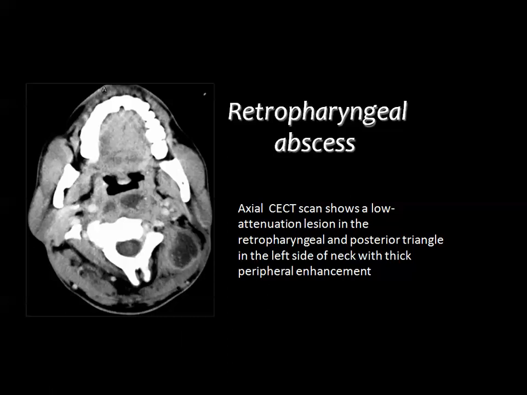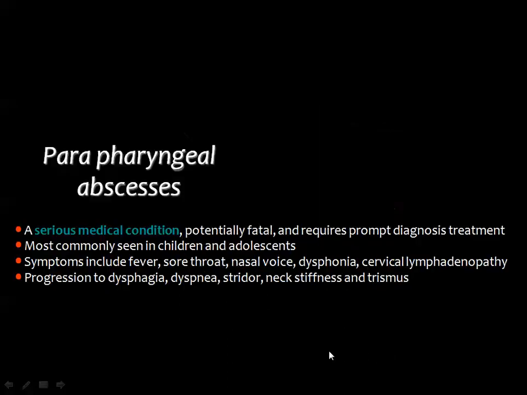And retropharyngeal abscess may spread, as I have mentioned. This is the abscess, multilocular, posterior to the pharynx, and there is an extension into the posterior neck space on the left side. Parapharyngeal abscesses are a very serious condition because of their intimate relation to the carotid sheath.